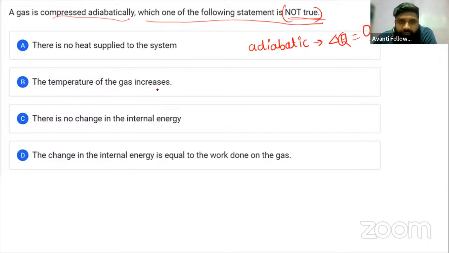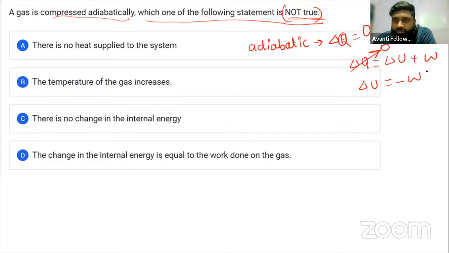Now the temperature of the gas increases. Obviously, if the gas is compressing and there is no heat exchange, according to the first law of thermodynamics, delta Q is delta U plus W. So if this is zero, delta U should be equal to negative of work done.